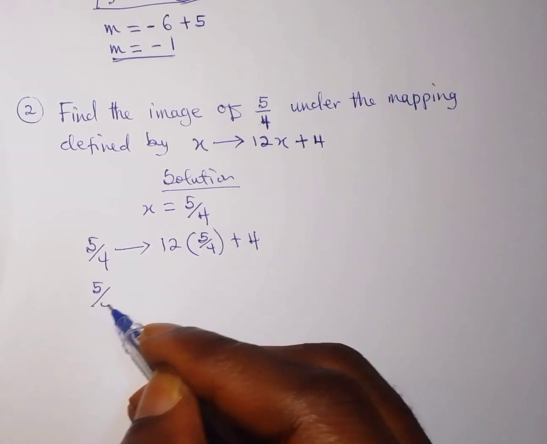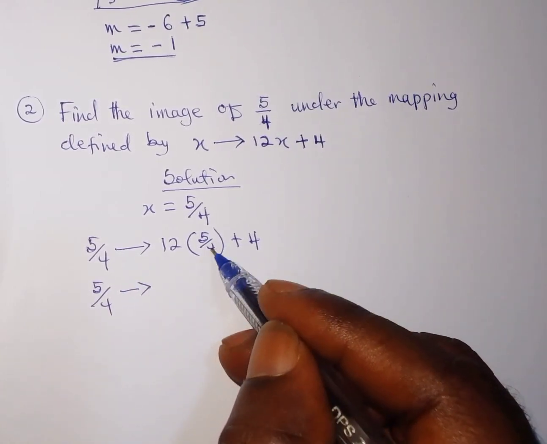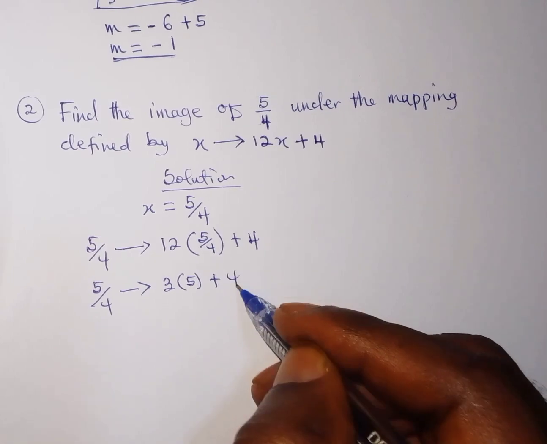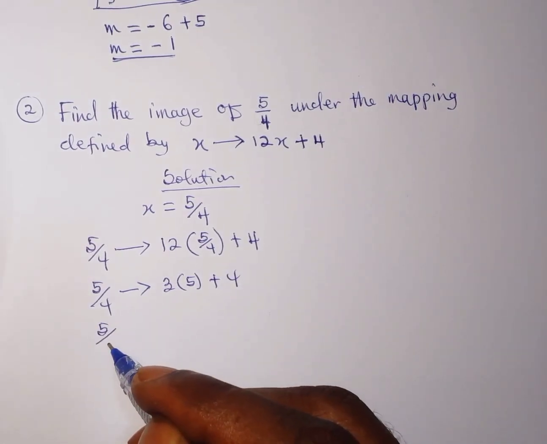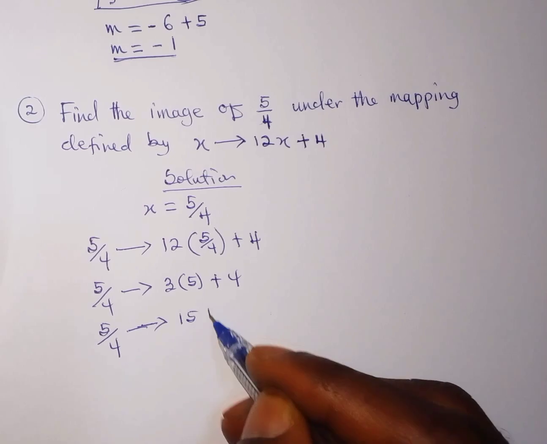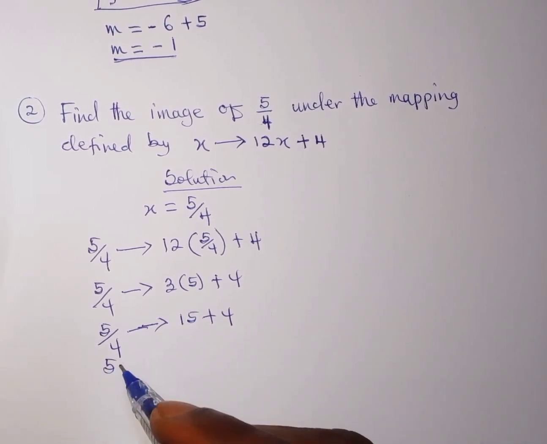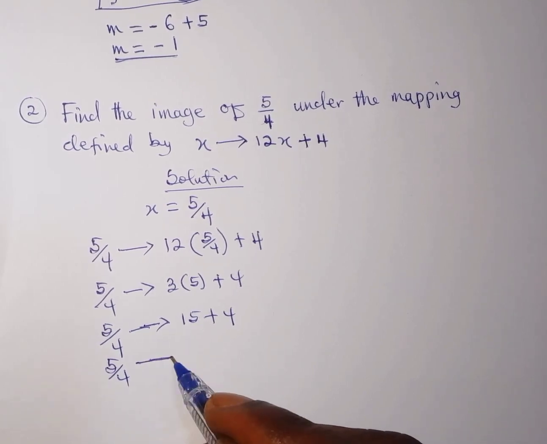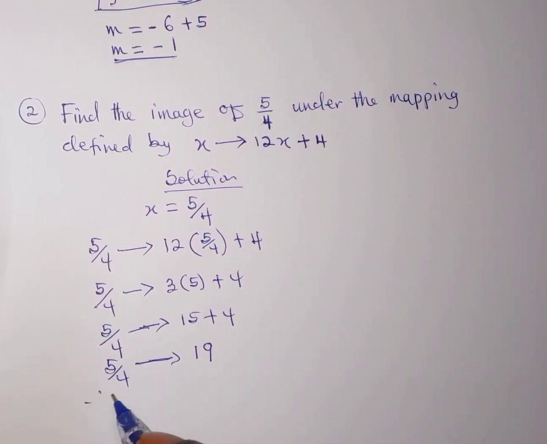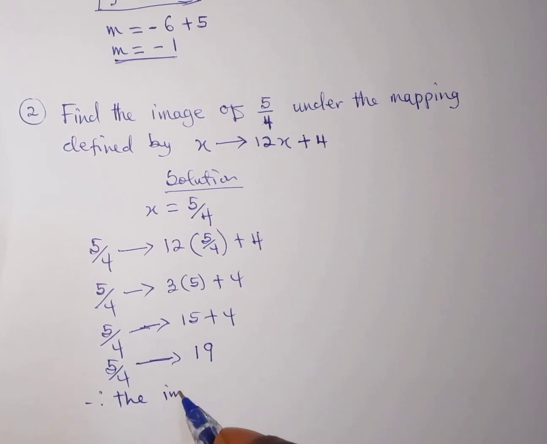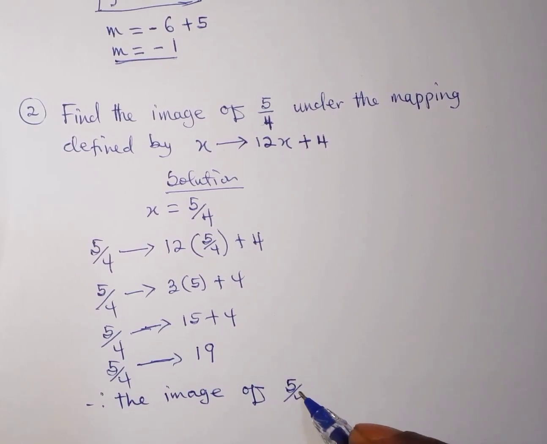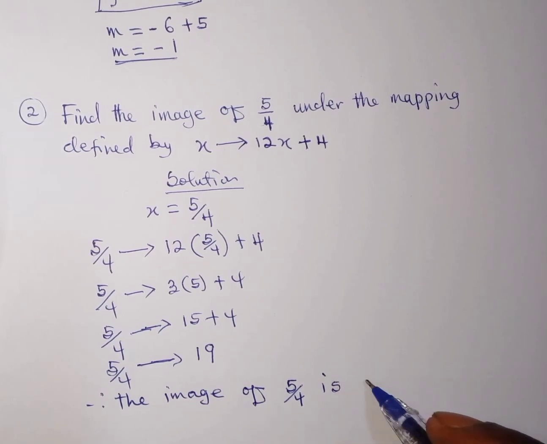So 4 divides itself 1 and divides 12 to 3, so I'll have 3 times 5 plus 4, where I will have my 5 on 4 corresponding to this image, which is 15 plus 4, and then the final answer becomes 5 on 4 is assigned to 19. So therefore the image of 5 on 4 is 19.